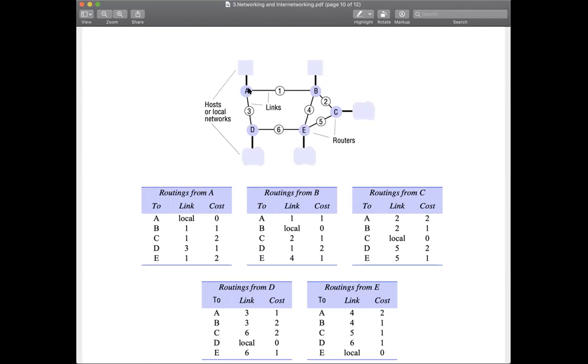So two routers connecting, it creates a link, like link 1, 2, 3, 5, 6. Likewise, in between all the routers, there can be, not connecting all the routers, like there can be two routers connected together and create a link, right?